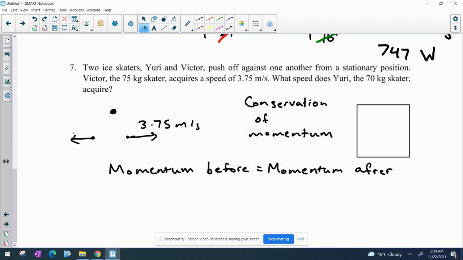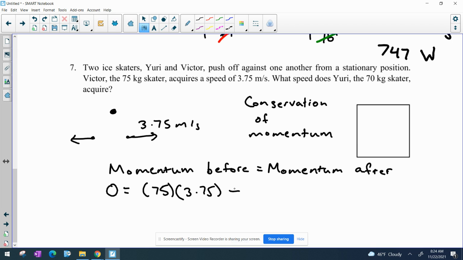And so we have zero momentum before because they're both at rest. Then the momentum after is just the mass times the velocity for Victor. So mass times 3.75. And Yuri's going to be going in the exact opposite direction, so we're going to assume his velocity is negative.